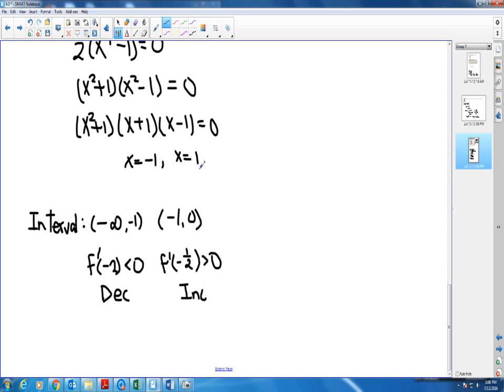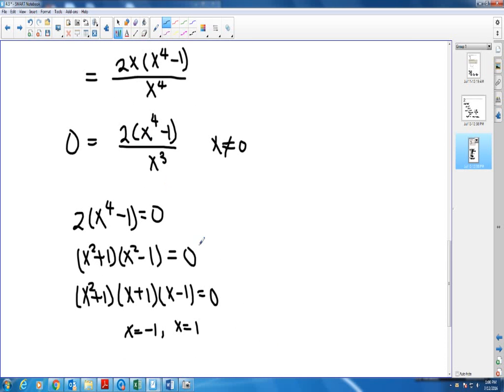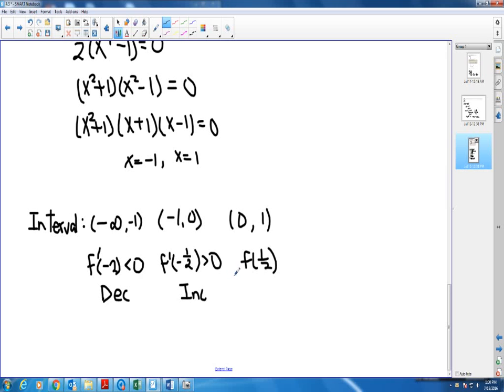Go from 0 to the next critical number, 0 to 1. Let's use +half. I think that would be negative, so that part is decreasing.